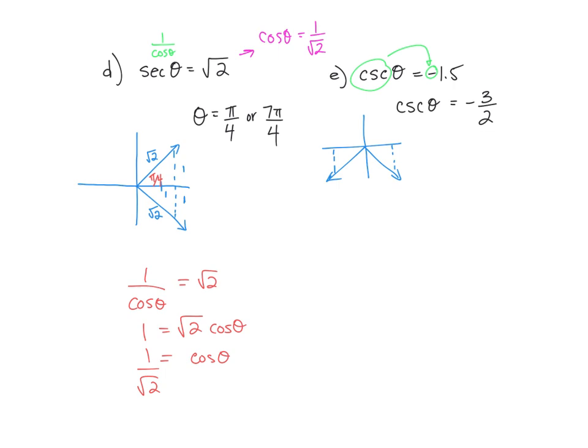Okay, so again, I can think of this as cosecant of theta is my hypotenuse over my opposite side, or keeping in mind that it is just the reciprocal, maybe you decided to change this into sine theta equals a negative 2/3.